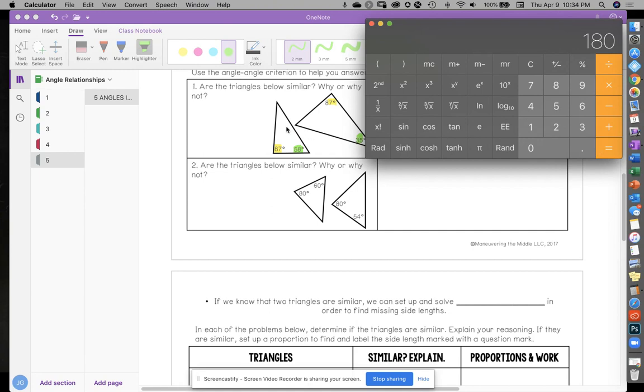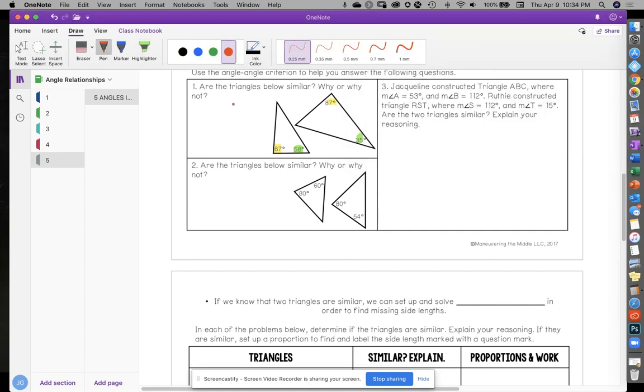Oh, it does equal 180. That means that this one has a missing measure of 35 and this one's missing the measure of 58. So yes, the angle measures are the same. And there you go. It's that easy.